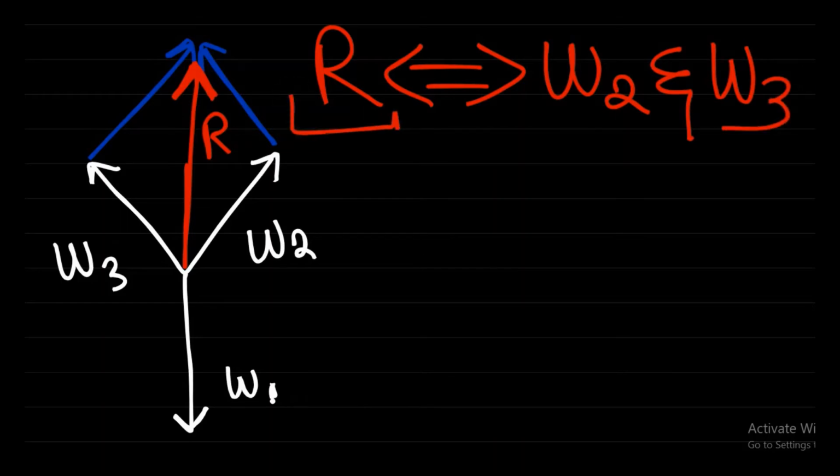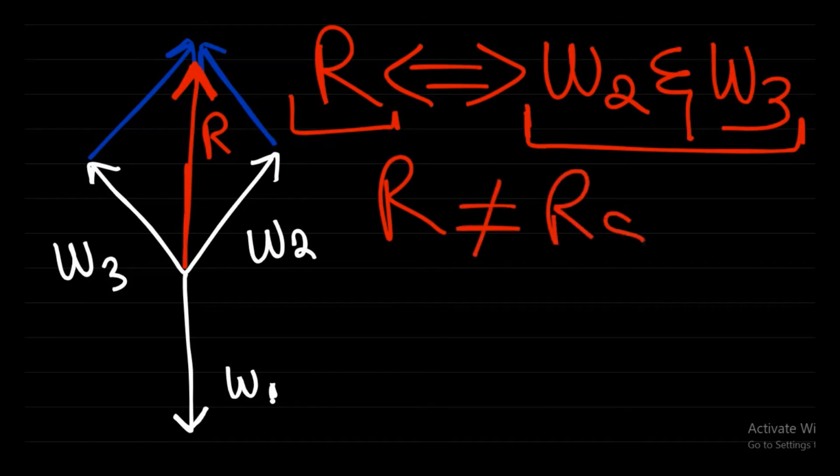This is not the resultant of the whole system. This is only giving you the combined effect of W2 and W3. So this R is not equal to the resultant of the whole system. So this R is not equal to 0.